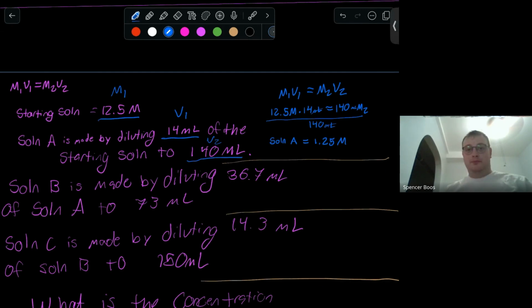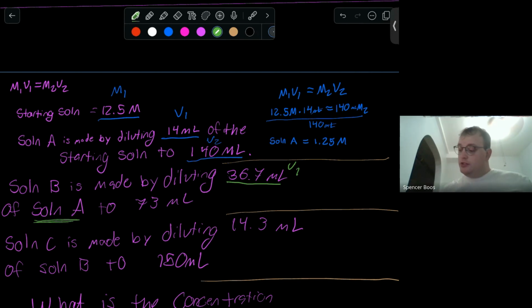Let's zoom out. Now let's take a look at this. Solution B here is made by diluting 36.7 milliliters. So, using a different color, this is V1 of solution A. Now, when it says solution A or solution B, it's referring to the molarity you just calculated.